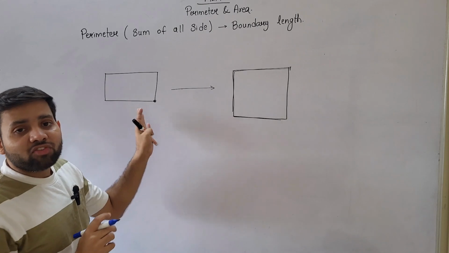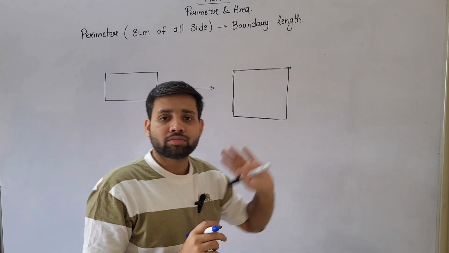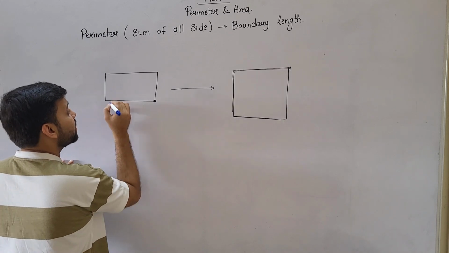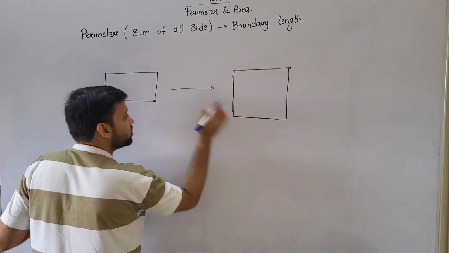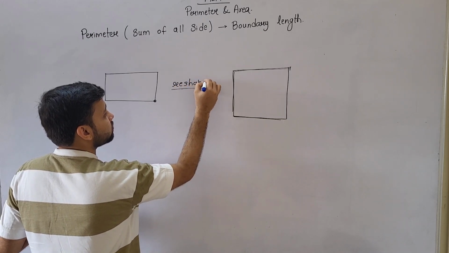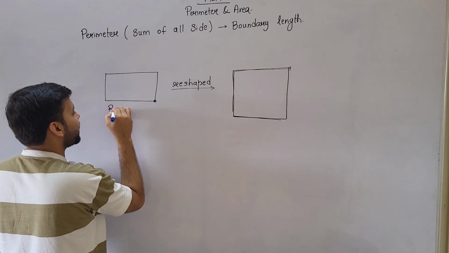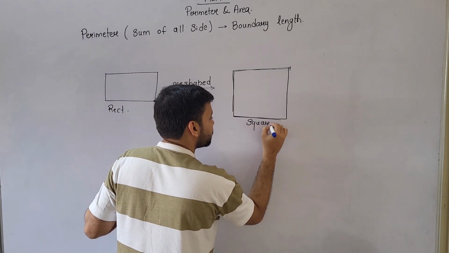Whenever we are reforming from one shape to another shape, or reshaping, in this case we have a rectangle and now we are converting it into a square.